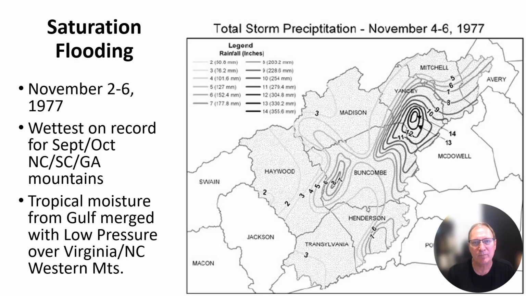Let's get a little bit closer. This is 1977. There was a tropical storm that really never materialized, but it came ashore in eastern North Carolina, then moved up over Virginia, and then the center of precipitation stalled out over the mountains of North Carolina.